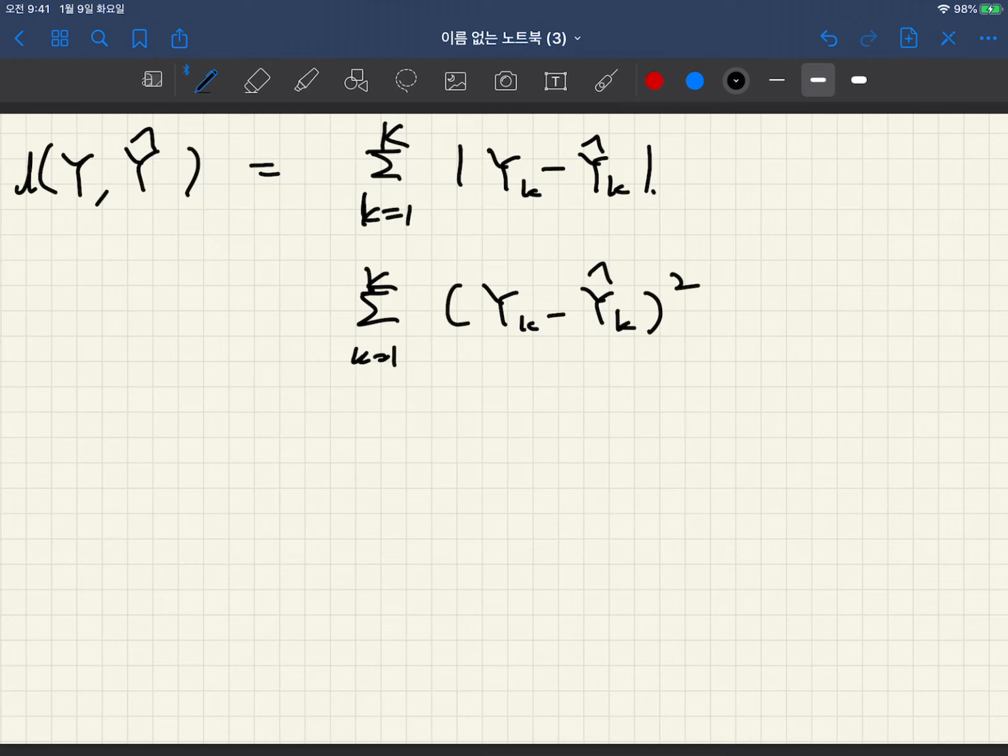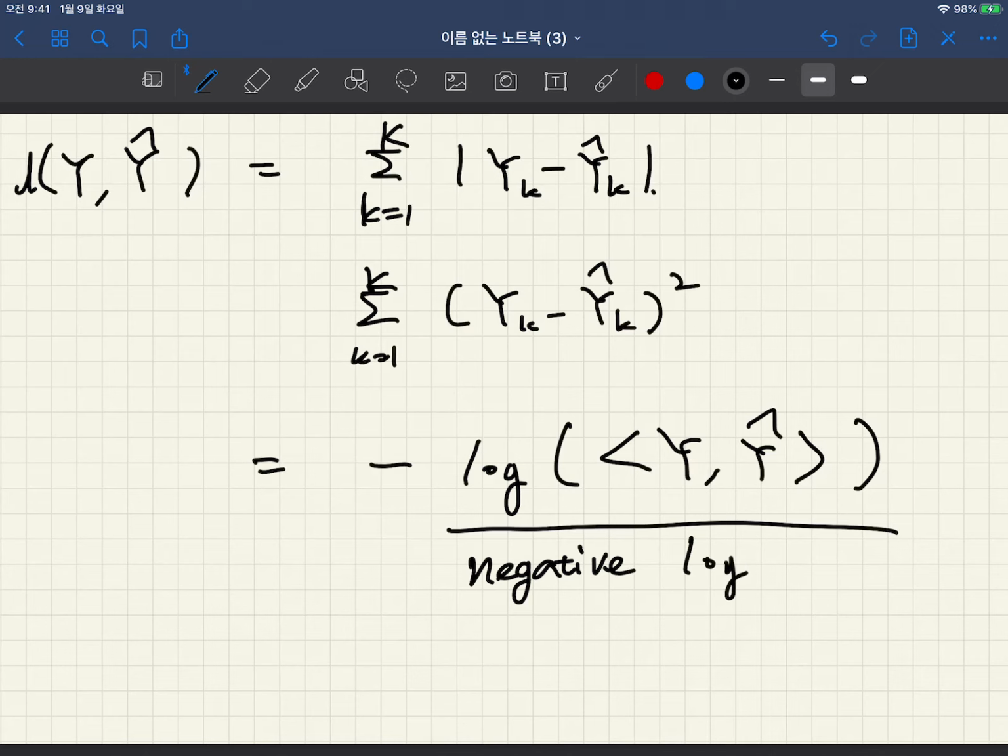For the classification task, minus log of the inner product between y and y hat is very important. This is very popular and has many nice properties. Essentially, this is the negative log likelihood.